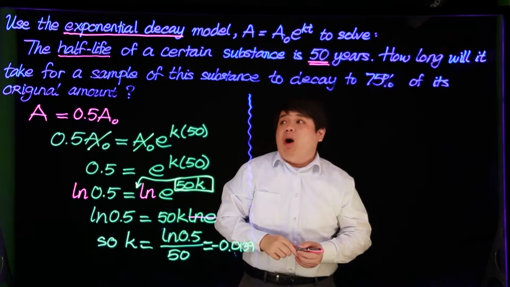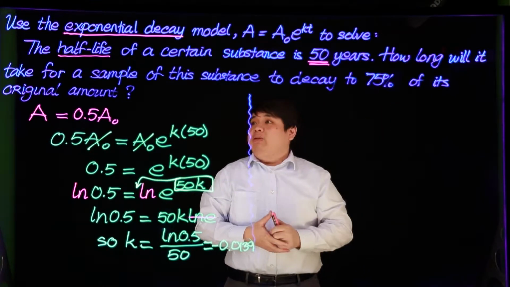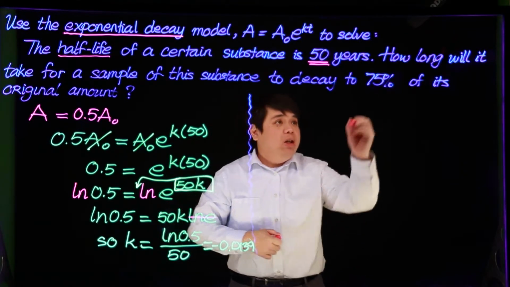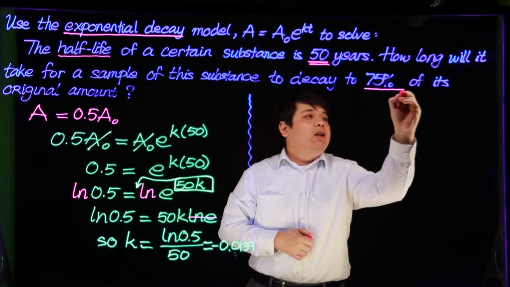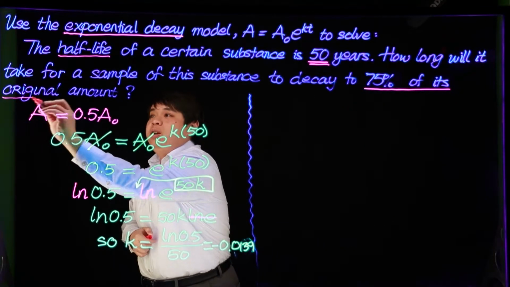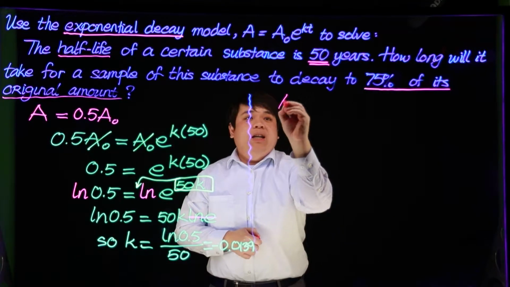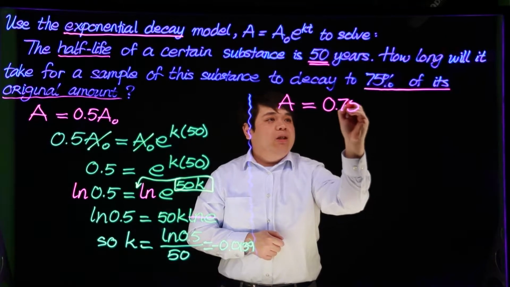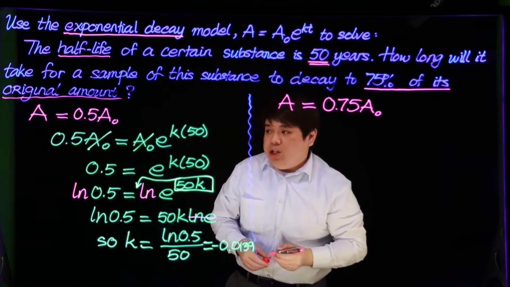Now we're on to the second part of the problem. How long will it take for that sample to go to 75% of the original amount? Now we have 75% of the original amount, meaning that A is equal to 75% of the original amount.